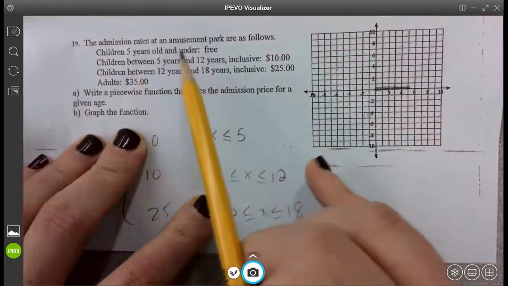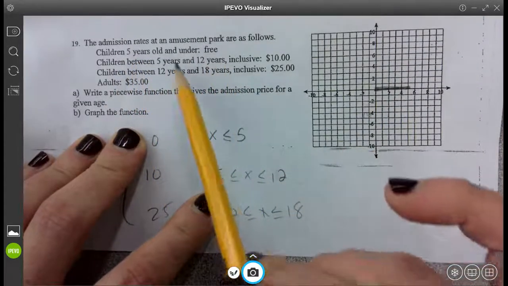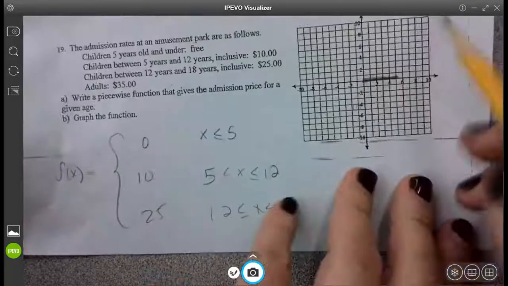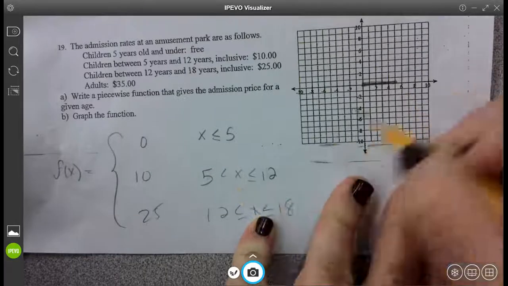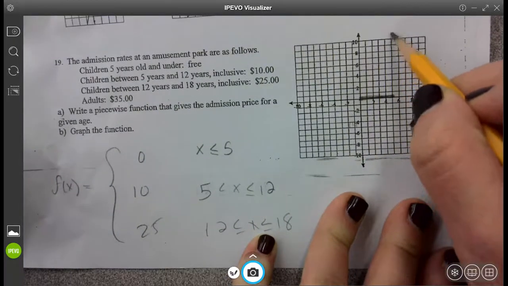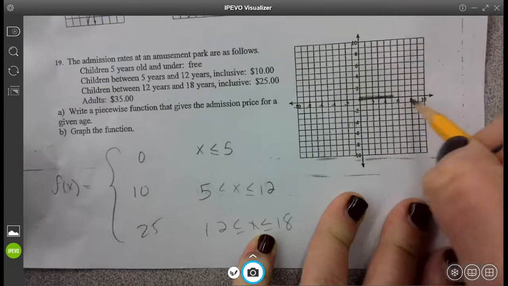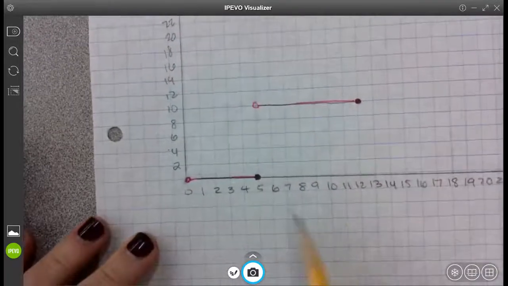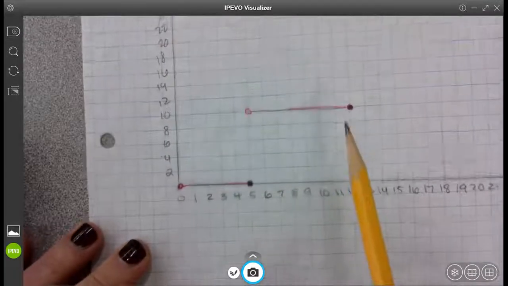It says 5 years old and under is free. This one says inclusive, so it'd be including, but you can't have that twice. So if you're greater than 5 and 12, okay, if you are 5 years old to 12, that's why I did it here. If you're 5 years old to 12 years old, you're $10.